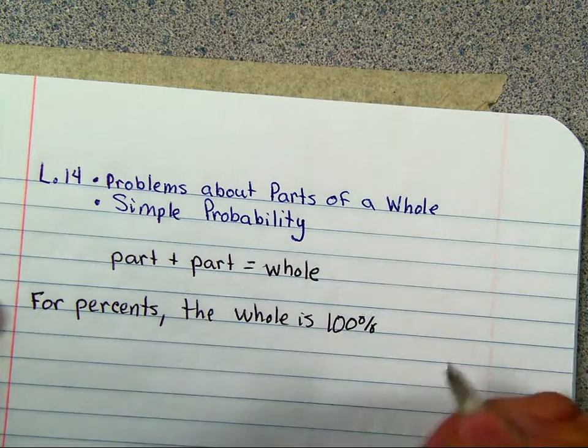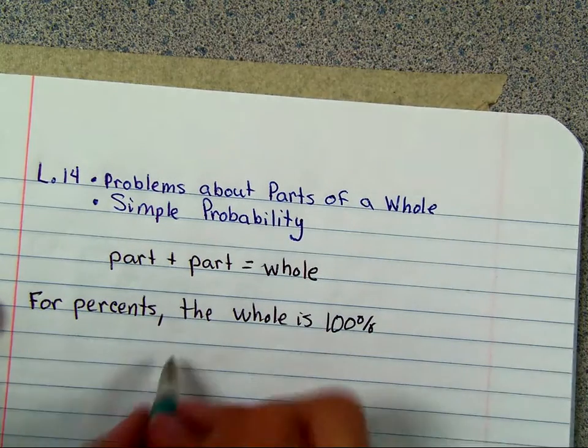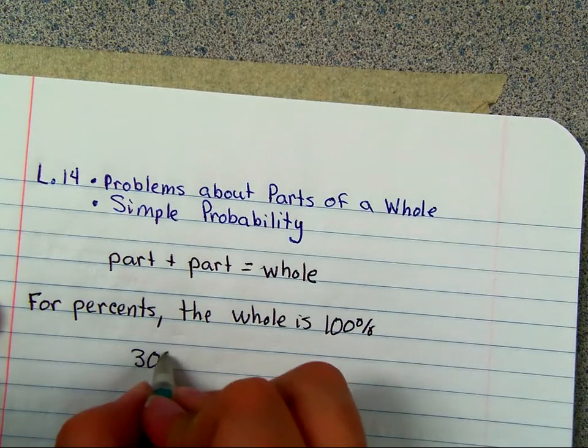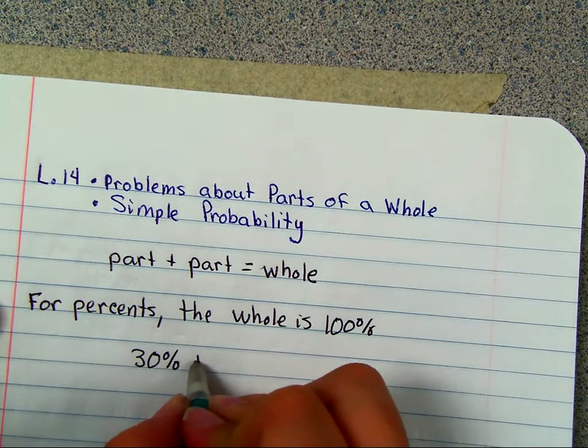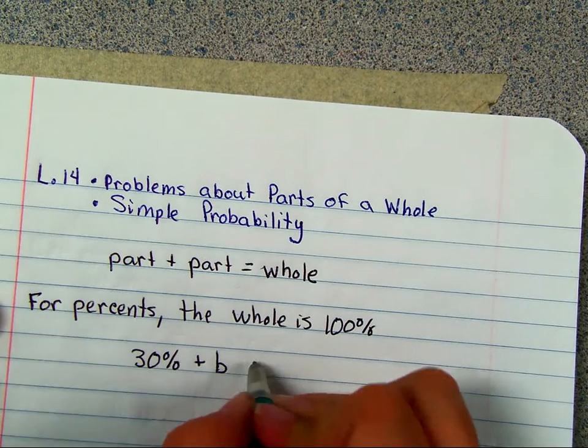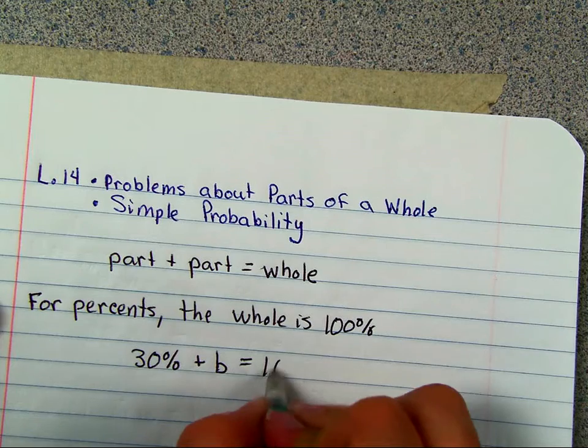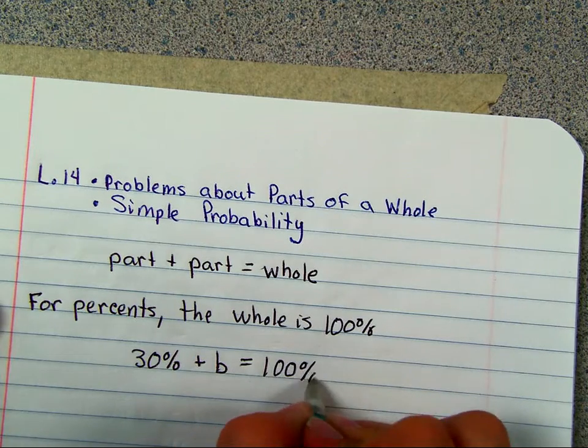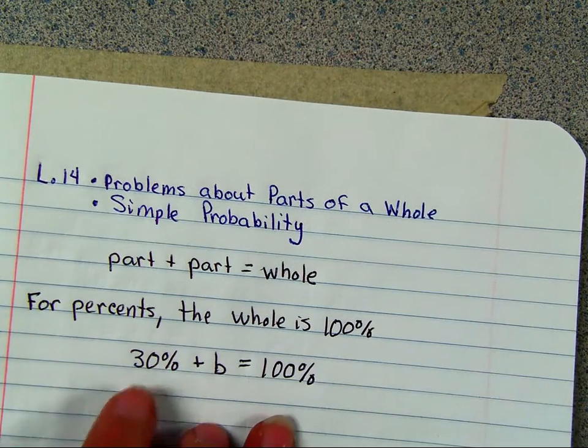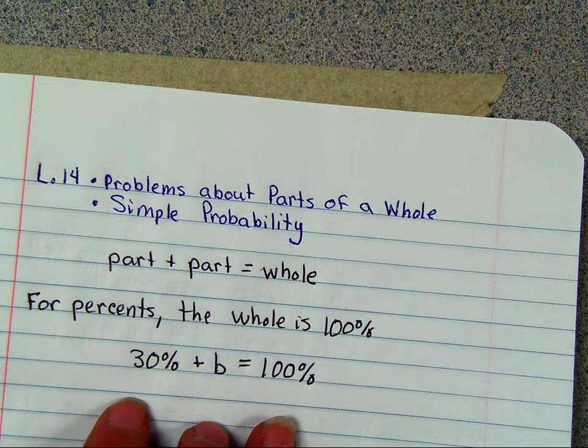Part plus... So if I had 30% and I was adding another part to that, my whole amount would be 100%. Who can tell me what I would have to add to 30% to get a whole percent?